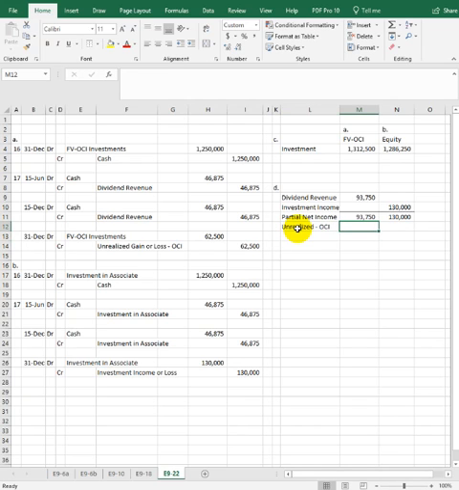And of course that's nothing for this one, but it is something for this one. Hold it. Huh, I'm doing it exactly backwards. Forget what I just said. This is the amount of the unrealized gain or loss. Equals this amount. There we go.